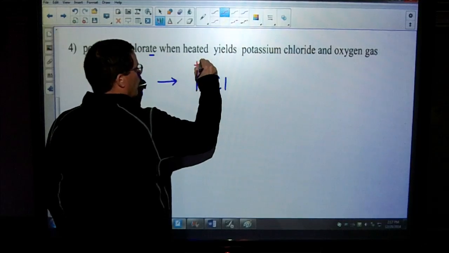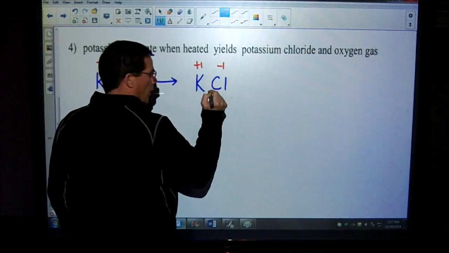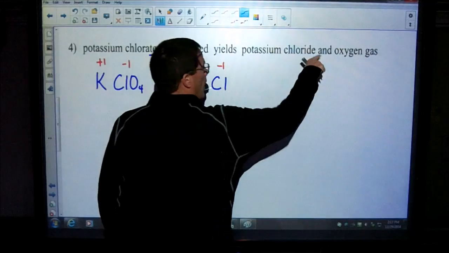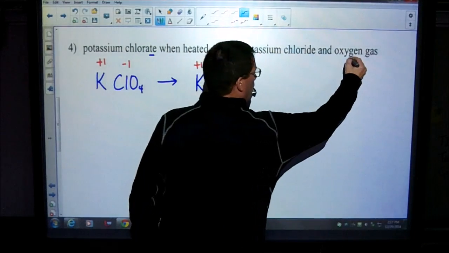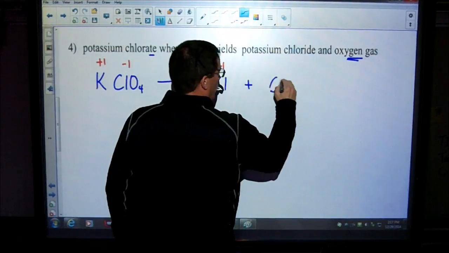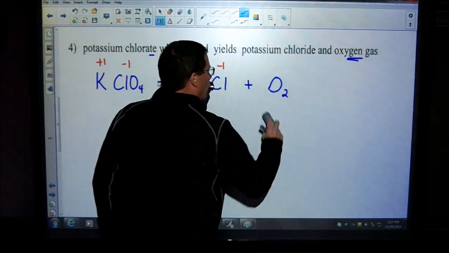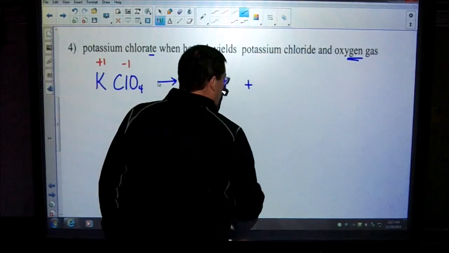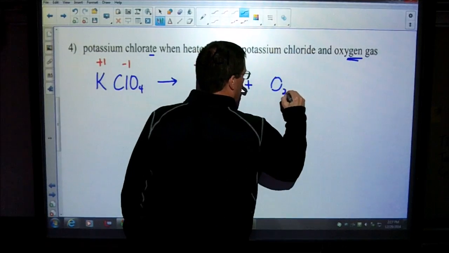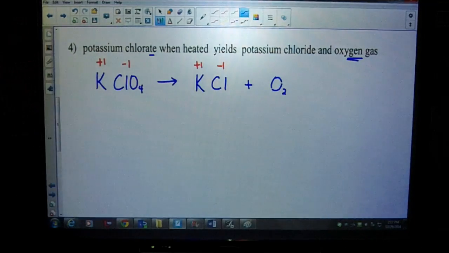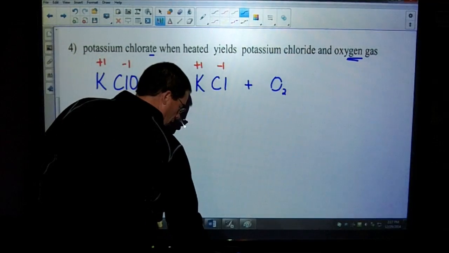And again, potassium's +1, chloride's -1. And oxygen, so there's your gen, so oxygen gas. And don't worry about the gas component, just know that oxygen is O2. Don't ask me why it's skipping there, I have no idea.